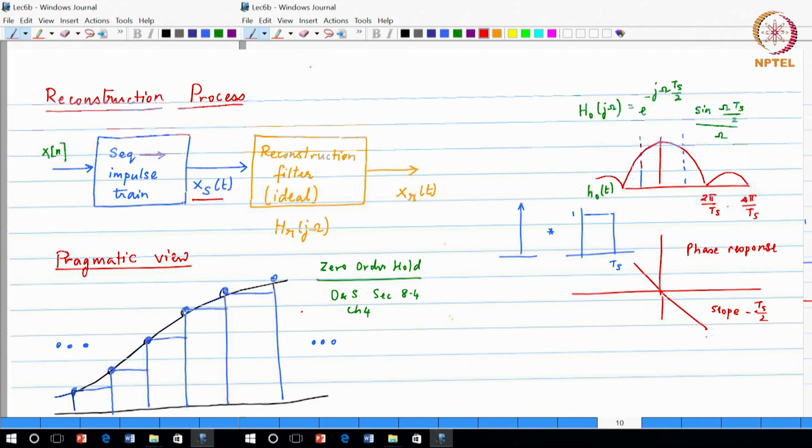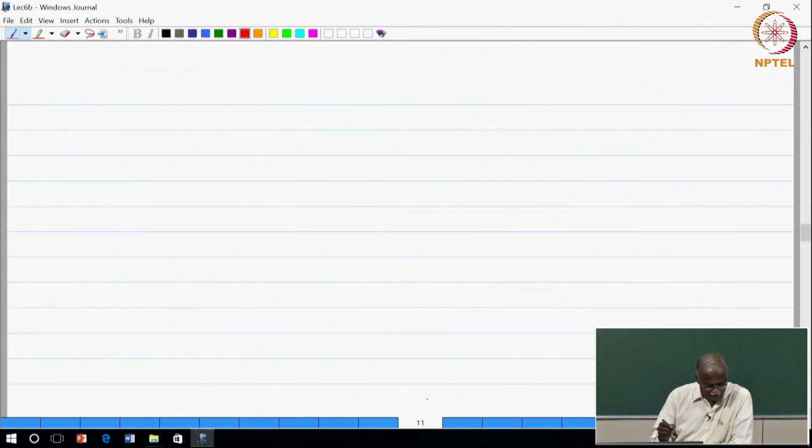Now, the key point to note is that we are interested in a cascade. The impulse train has now been replaced by the staircase function, and after this comes a reconstruction filter. We cannot use the original reconstruction filter, but need to use HR prime of j omega.